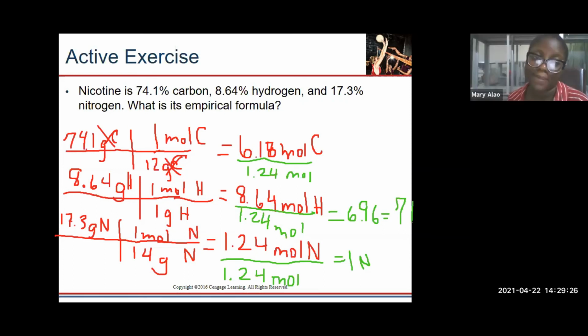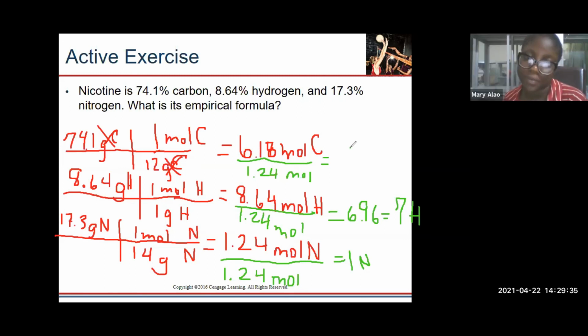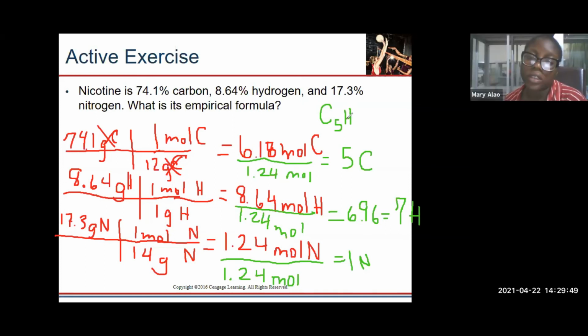So 7 hydrogens. And then my carbon, that's 5. So my empirical formula would be C5H7N.